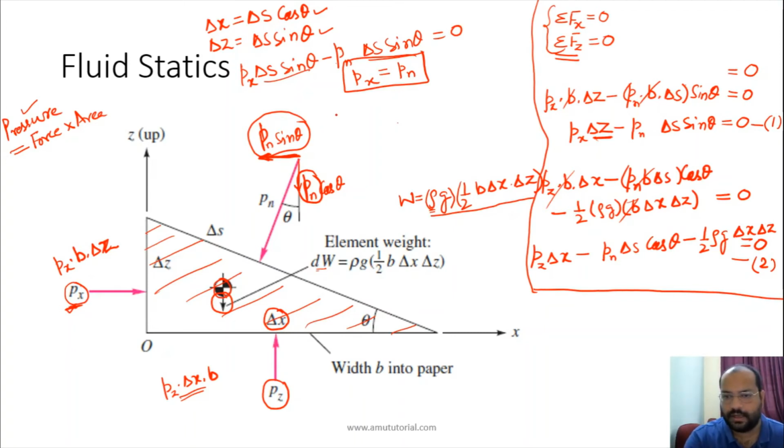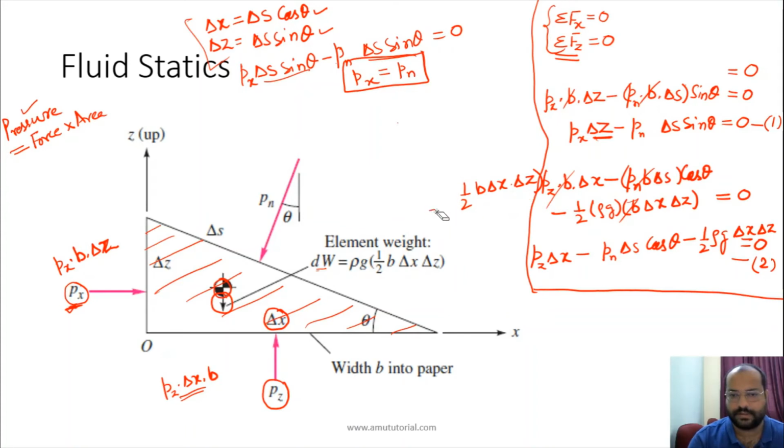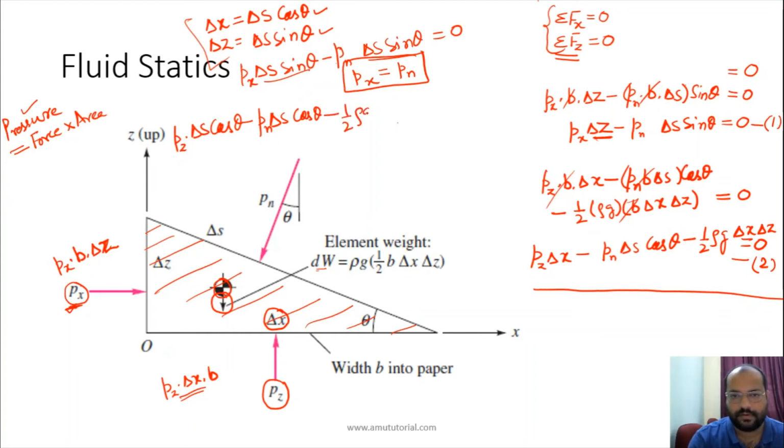Now put both of these in equation number 2 and see what we get. So Pz delta S cos theta minus Pn delta S cos theta minus half rho g delta S cos theta times delta z.